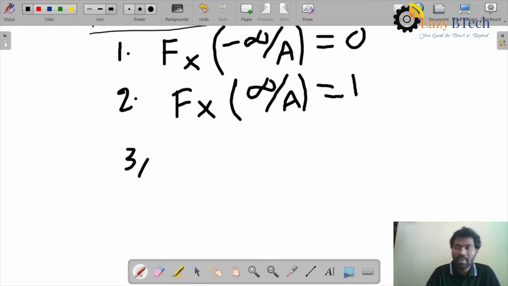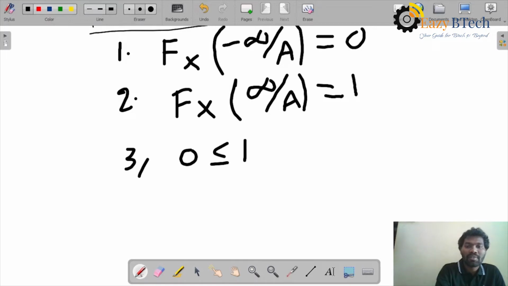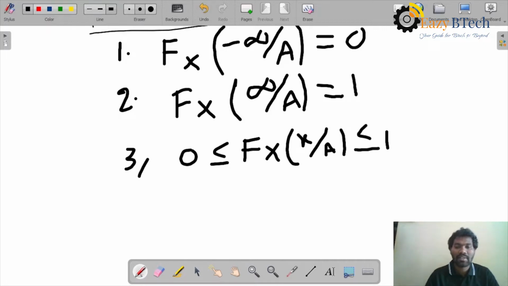Now, what is the third property? The third property is 0 less than or equal to Fx of x given A less than or equal to 1. The basic difference you should remember here is that only the denominator part is added in comparison with your distribution function.